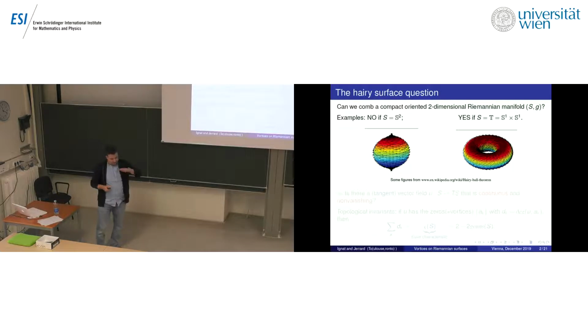Always when you try to comb it, you will see that there are several points. In this picture, you see two points where the vector will stick up, so it cannot stay tangent. In some sense, this is how I explain my baldness.